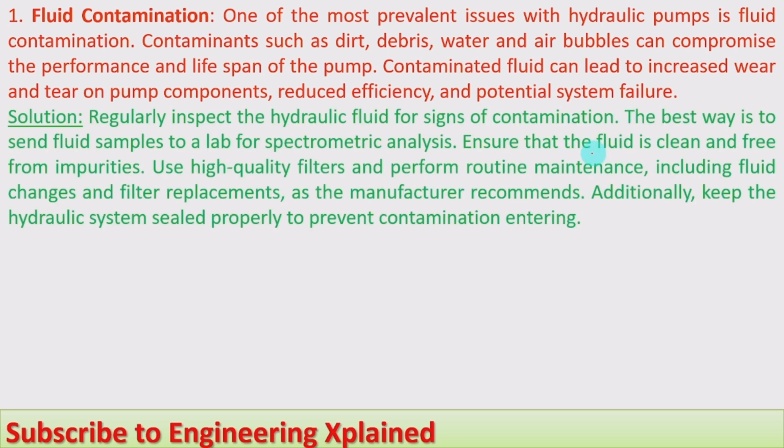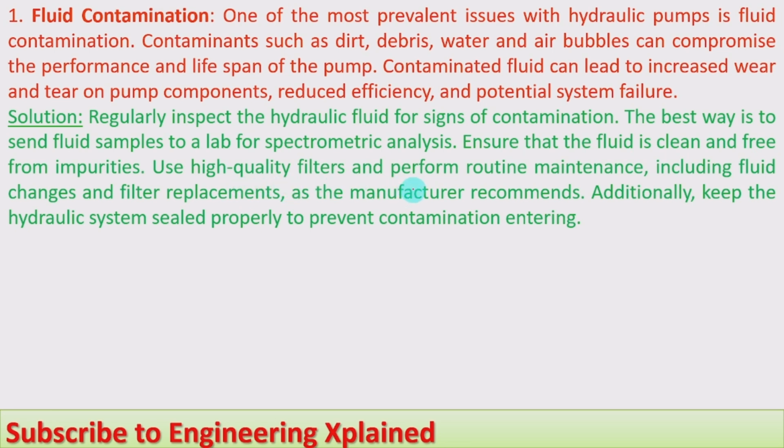What is the solution for this? Regularly inspect the hydraulic fluid for signs of contamination. The best way is to send the fluid samples to the lab for spectrometric analysis. Ensure that the fluid is clean and free from impurities.